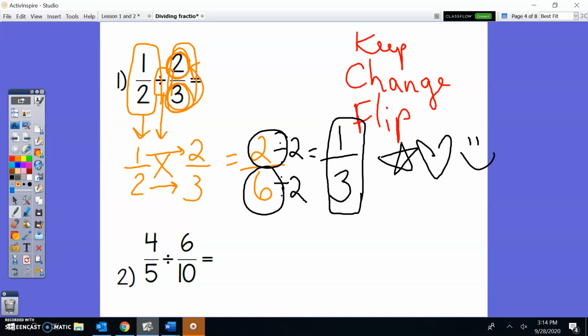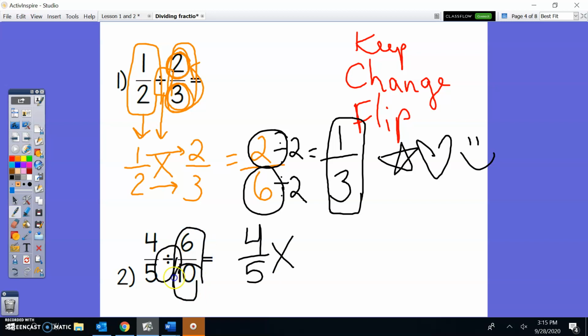Okay, question number 2. We have 4/5 divided by 6/10. I'm going to take 4/5 and keep that fraction. It's always the first fraction that I keep. My second step is to change my division sign to multiplication. Third step is to flip my numbers.